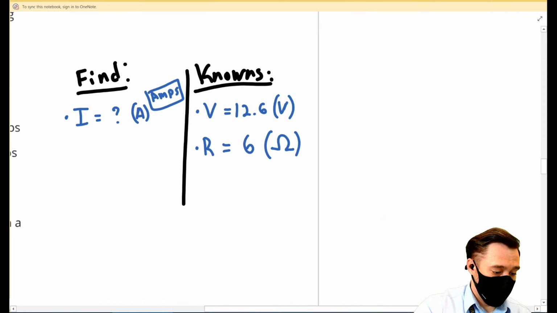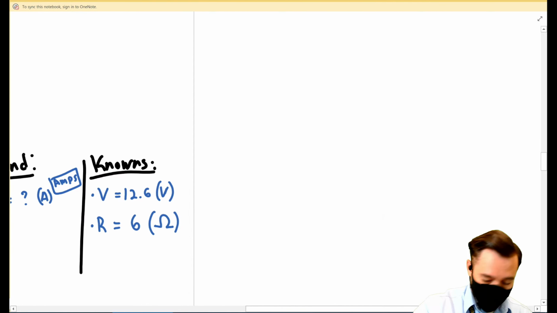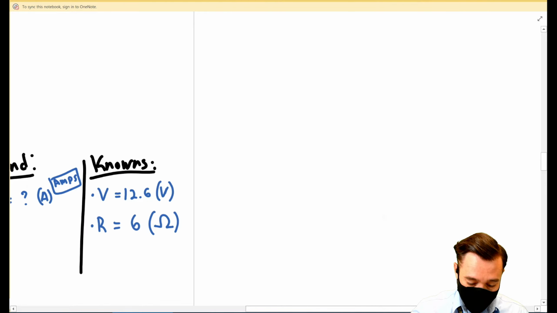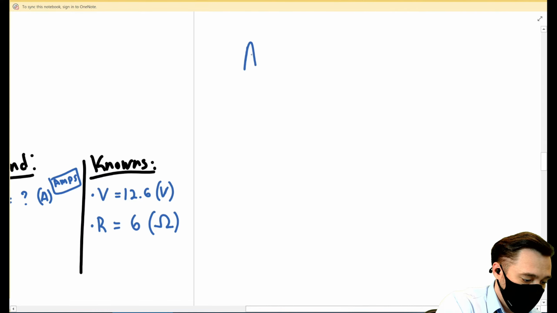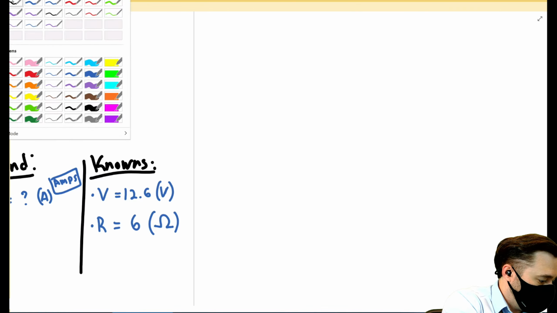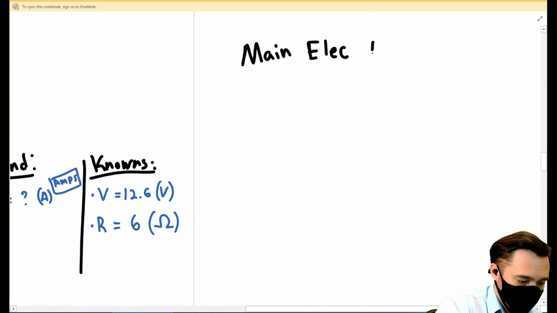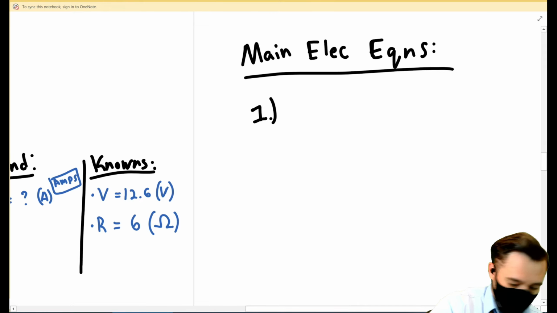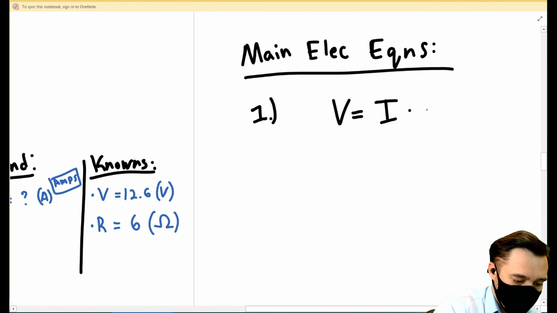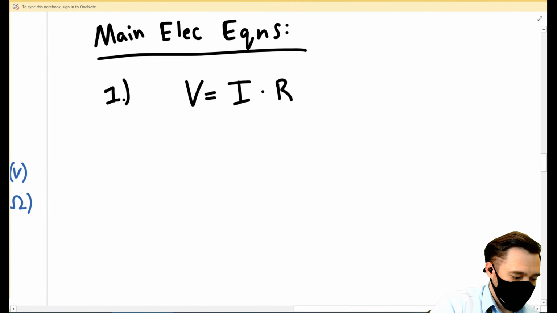So the equations, I'm going to give you guys the 3 main ones that we're going to be using. I would highly recommend that you guys write these down. So the first one is going to be V equals I times R. All right.